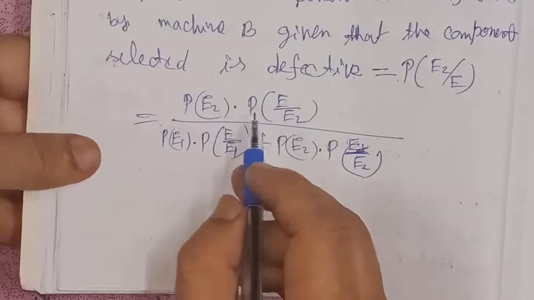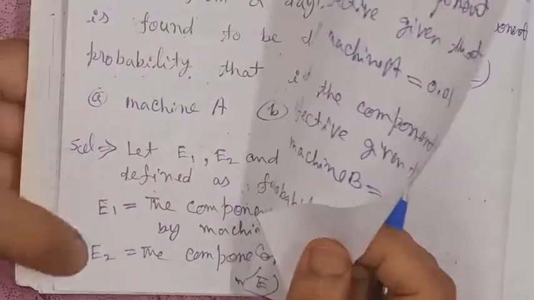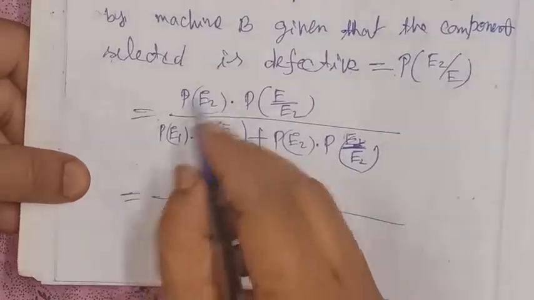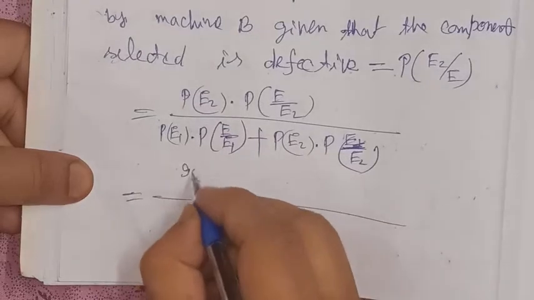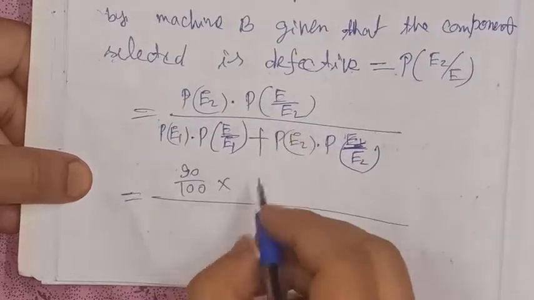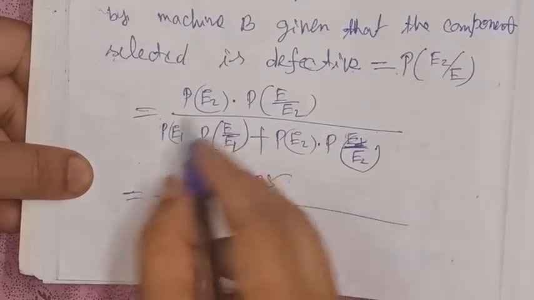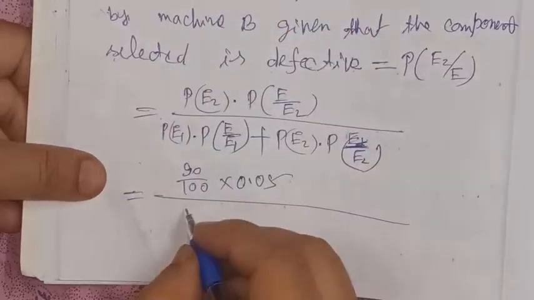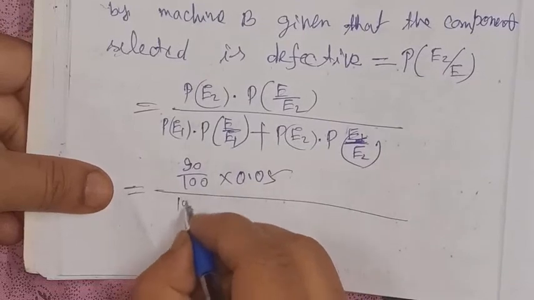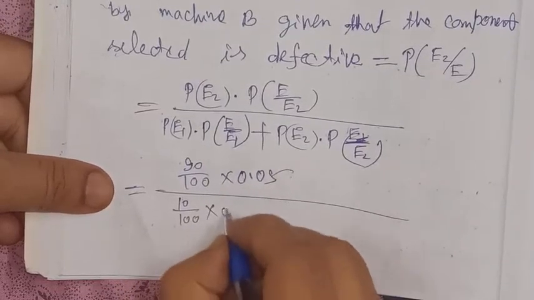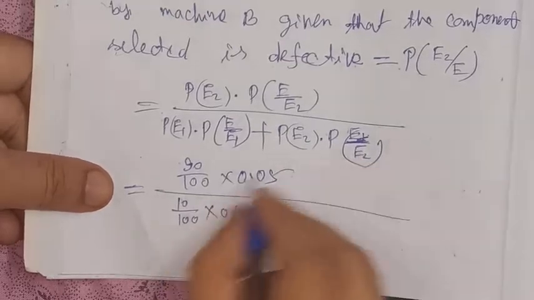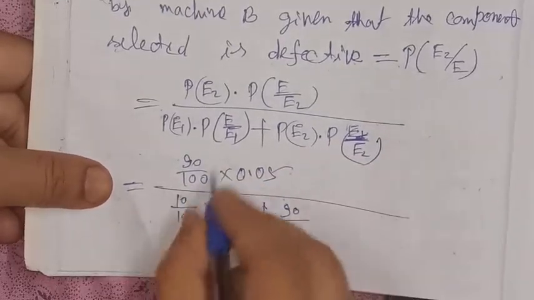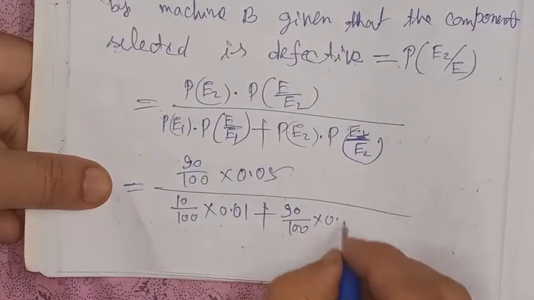For A we write E1, and for B we write E2. I will put the value of P(E2), which is 90 upon 100, and P(E by E2) is 0.05. We write these values from the previous section, and this is also the same.